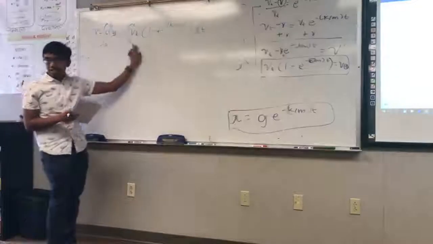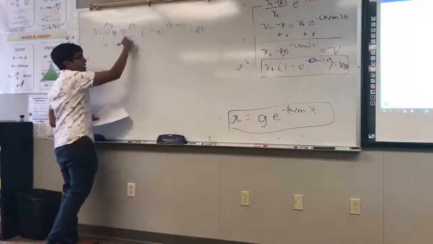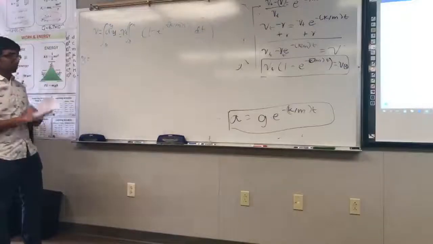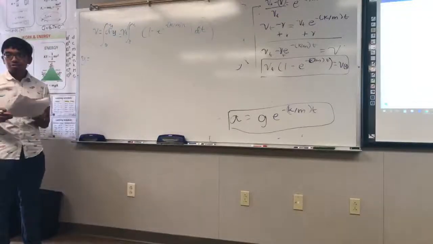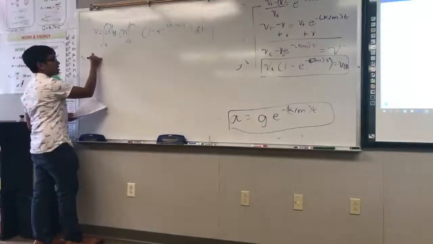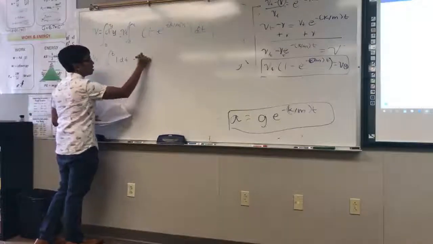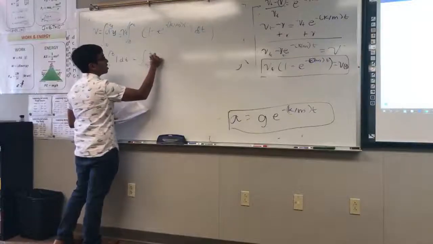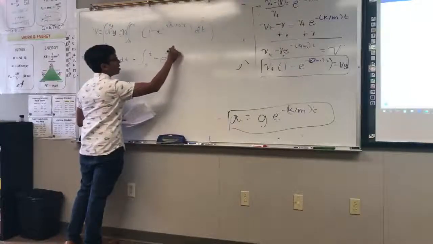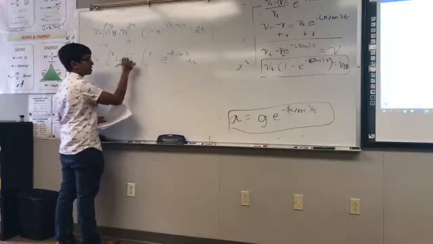Since dt is a constant, once again, I can take it out of the equation and move it outside. And I can also distribute the integral. And since this is both negative, I can just say plus.